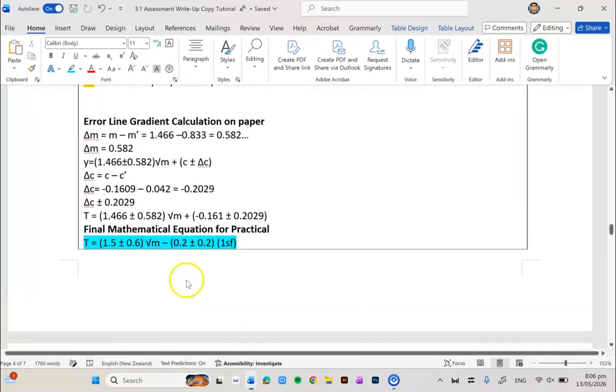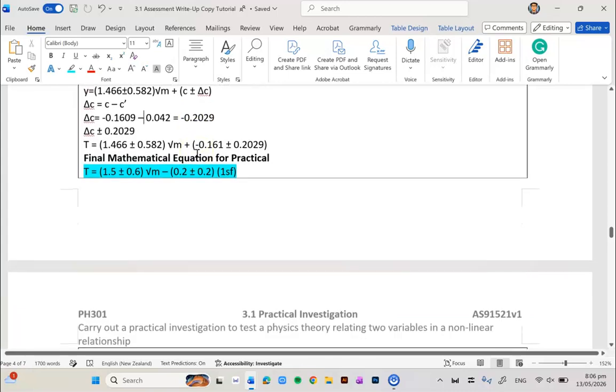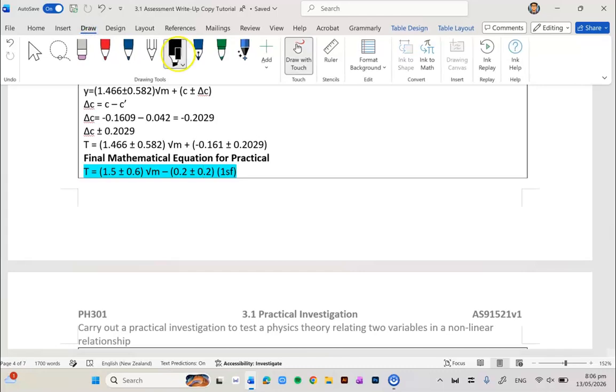So if we go back to the document, I've done this, different numbers for another graph. And then remember, you need to round all your uncertainties to one significant figure. So this becomes 0.6, and this becomes 0.2. And notice how the other variables also match the same dp. So you can't have something that looks like this, for example, for the gradient, right?